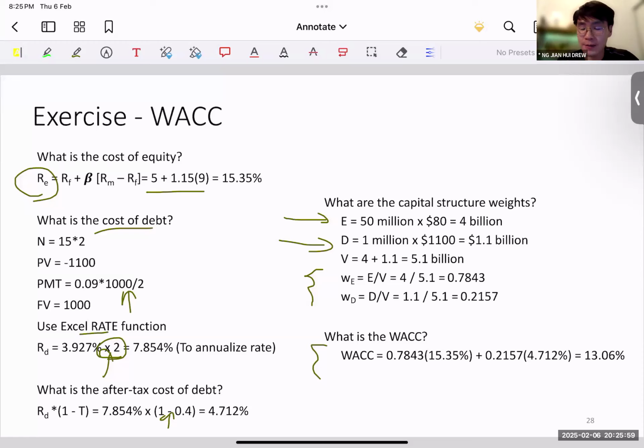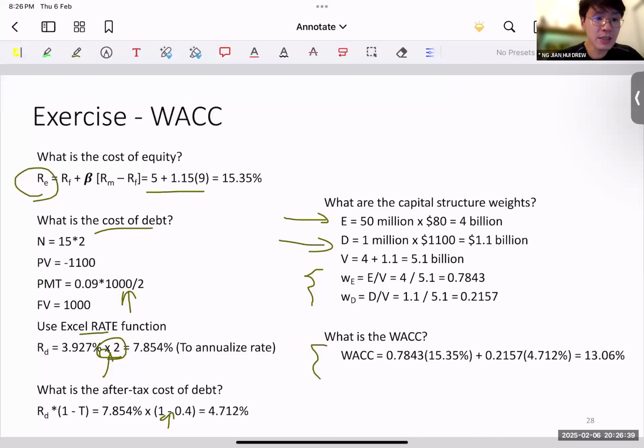But I'm looking at the formulation of yield. There are a bit more inputs you have to put in for the yield formula: settlement, maturity, redemption, frequency. So I think it's just a different way to put it.